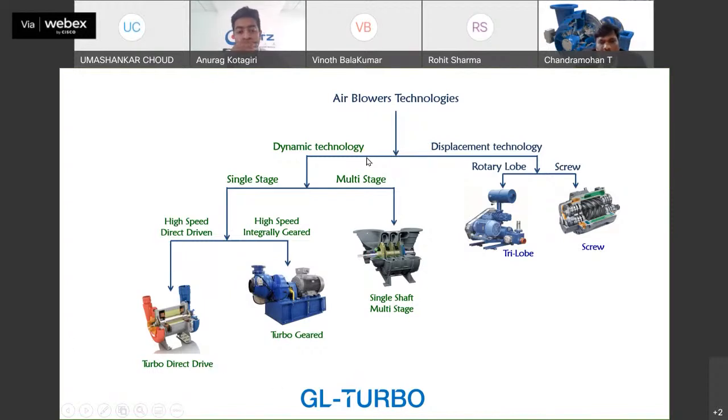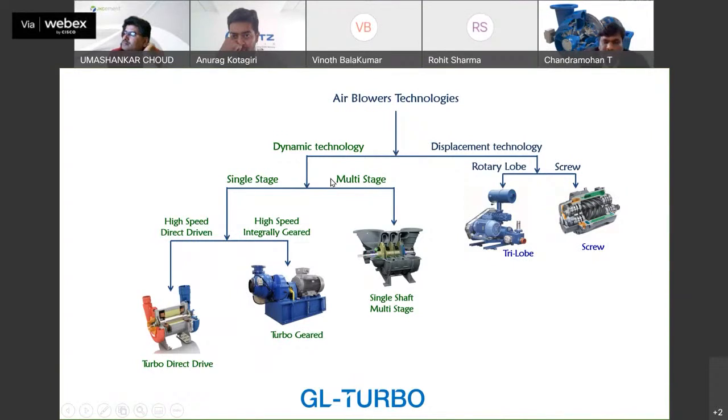Turbo technology is highly energy efficient. Compared to PD blowers, it is about 30 to 50% more energy efficient, and in some cases we have a case study with more than 57% reduction in power. So it is obvious that people tend to move to this technology.